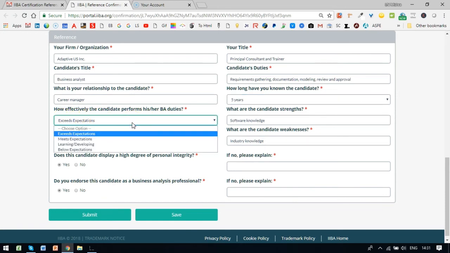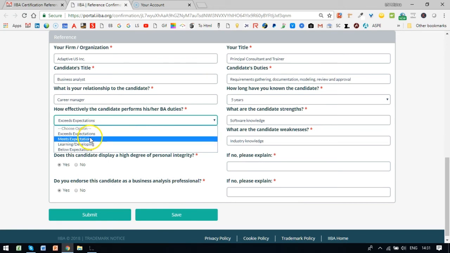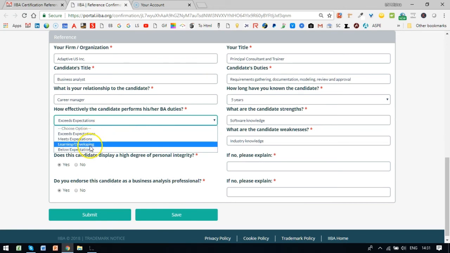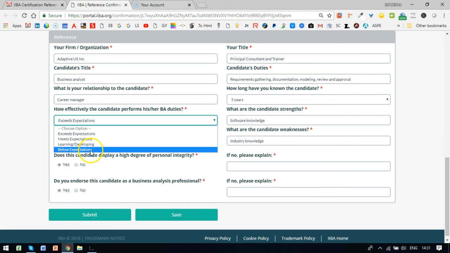So there are choices like exceeds expectations, meets expectations, learning, developing, and below expectations. I trust you will make a proper judgment and see if the person is meeting the expectations or is exceeding the expectations. Then we also have to provide a little bit of info about the candidate's strengths.